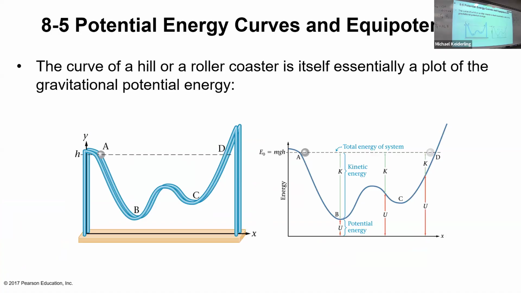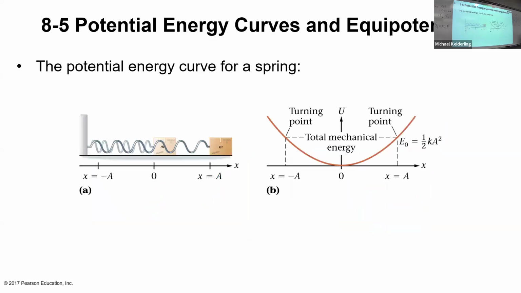As you dip down, your potential energy dips down. As you go back up, your potential energy goes back up. The potential energy curve for a spring is a parabola because it's 1/2 kx squared, and it will oscillate back and forth between those.